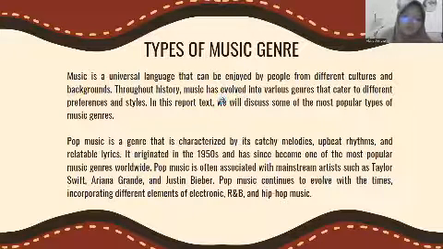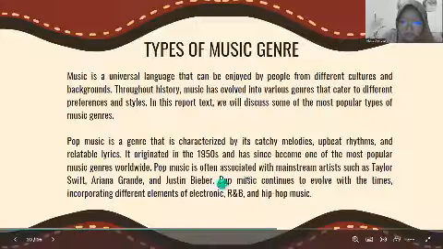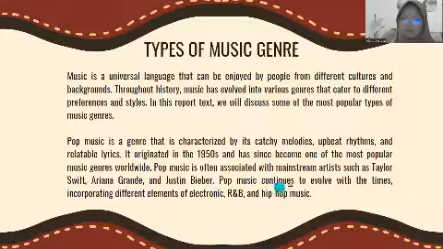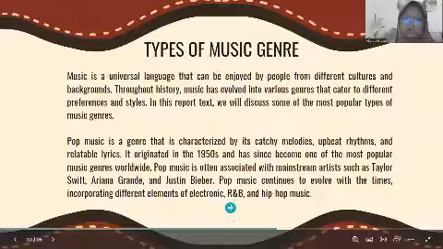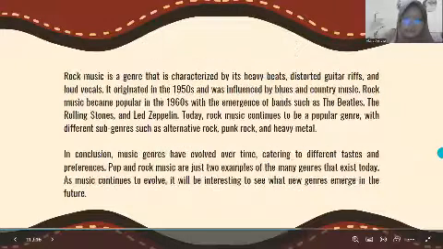It originated in the 1950s and has since become one of the most popular music genres worldwide. Pop music is often associated with mainstream artists such as Taylor Swift, Ariana Grande, and Justin Bieber. Pop music continues to evolve with the times, incorporating different elements of electronic, R&B, and hip-hop music.